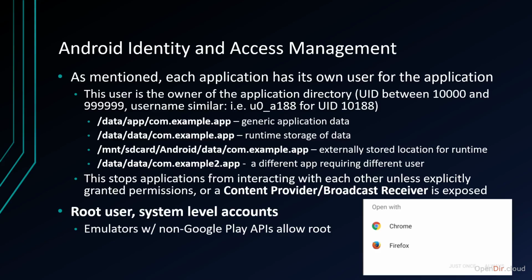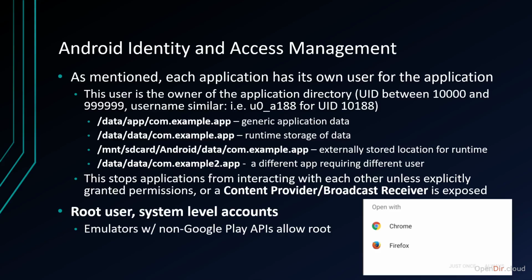Now here in the middle of the slide, I have 4 different directories, and what I'm trying to show is that these two different applications, one named example.app and another named example2.app, would have completely separate directories. The top bullet point here is /data/app/com.example.app. This is where our generic application data will be stored for an application called, say, example app.